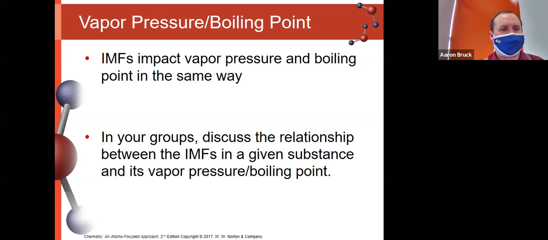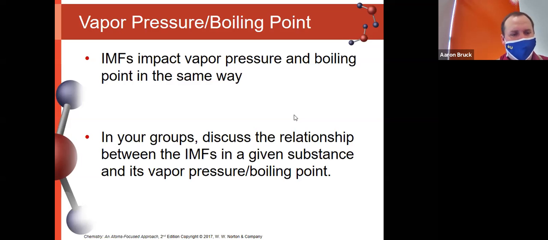Well, yes and no, but we're talking specifically about intermolecular forces here, not temperature. All right, Jaron? Vapor pressure. The intermolecular force, room temperature, higher vapor pressure, it'll have a lower boiling point. Once you add heat to it, it'll be easier for it to separate.